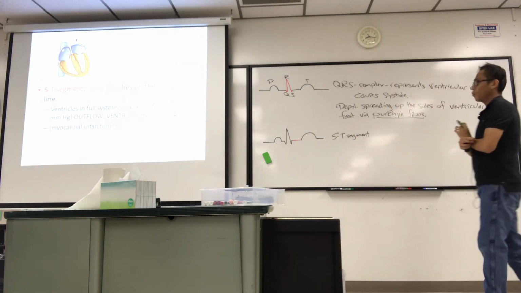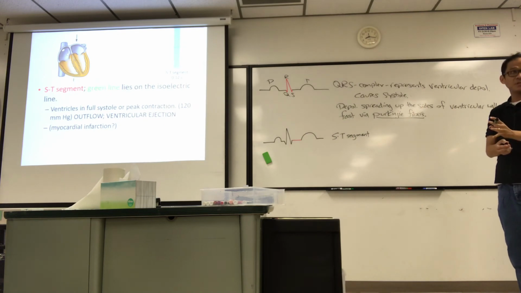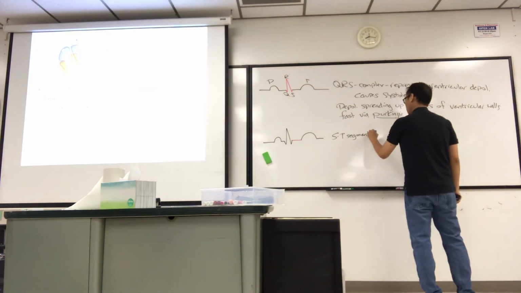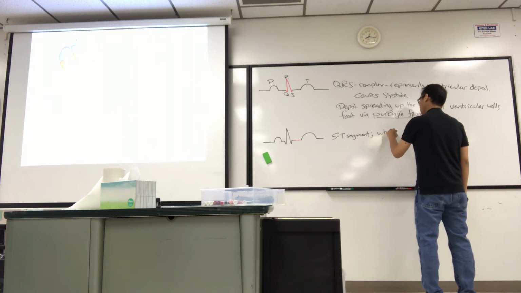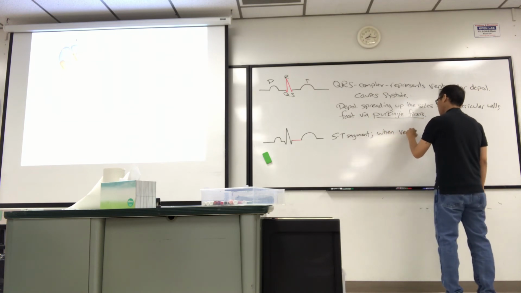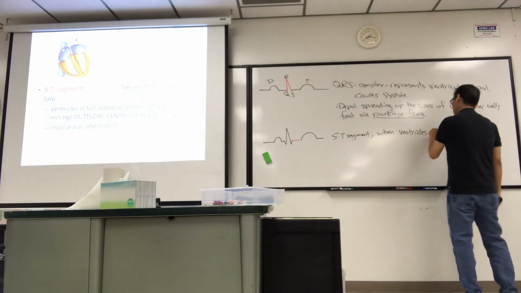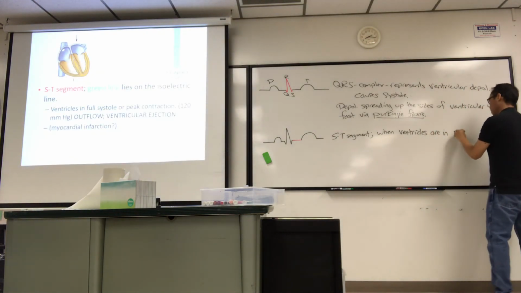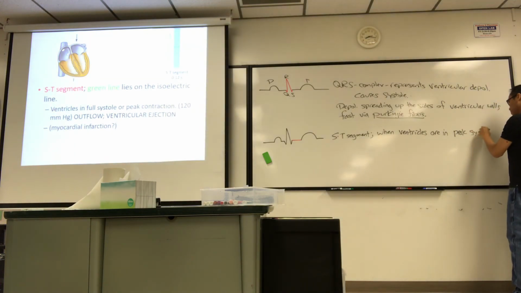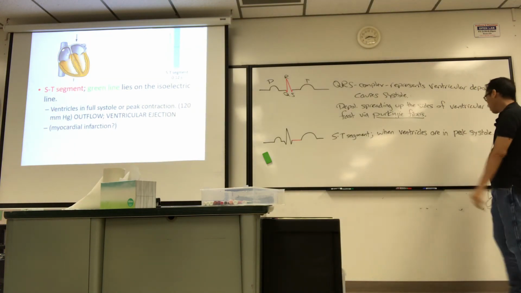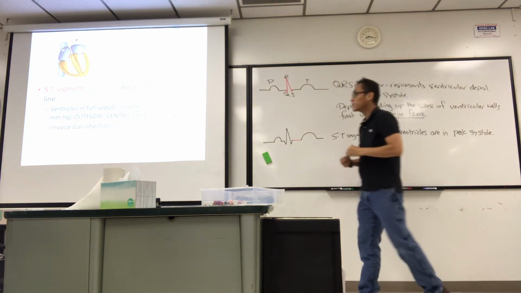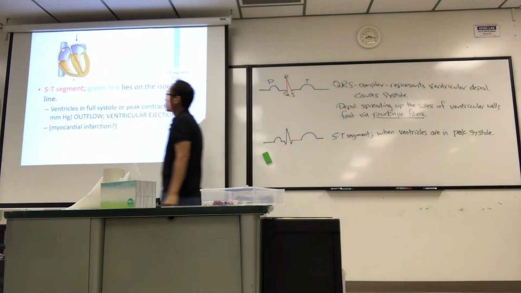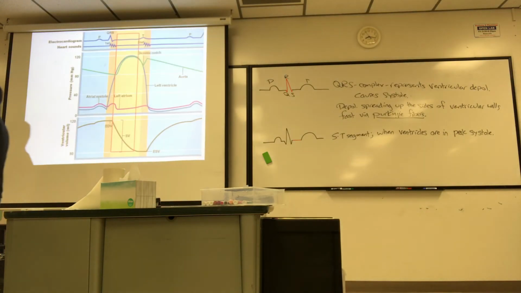This is when the ventricles are in peak systole. Now the ECG on the Wigger's diagram is not drawn to scale, but I put a big box around the ST segment, and you can see it is during the peak systole.